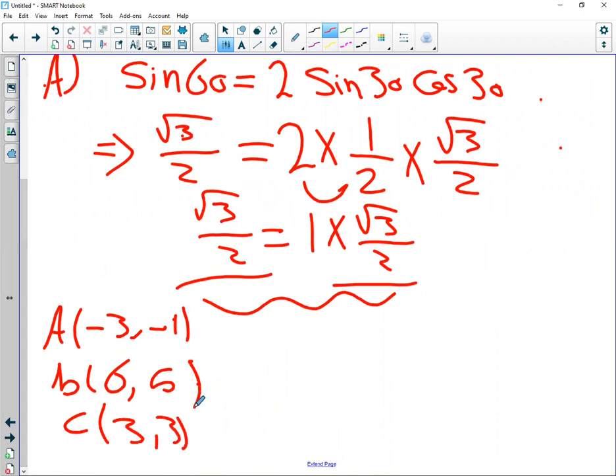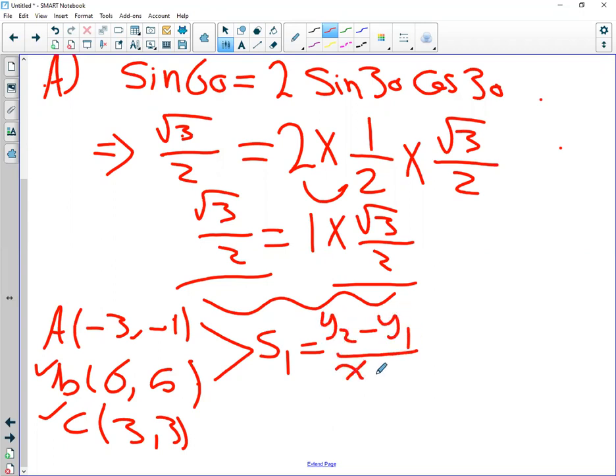Now to prove the 3 points A, B, and C are collinear, first of all we get slope number 1, S1, the slope of the first straight line passing through the 2 points A and B. Slope number 1 equals what? Y2 minus Y1 over X2 minus X1.